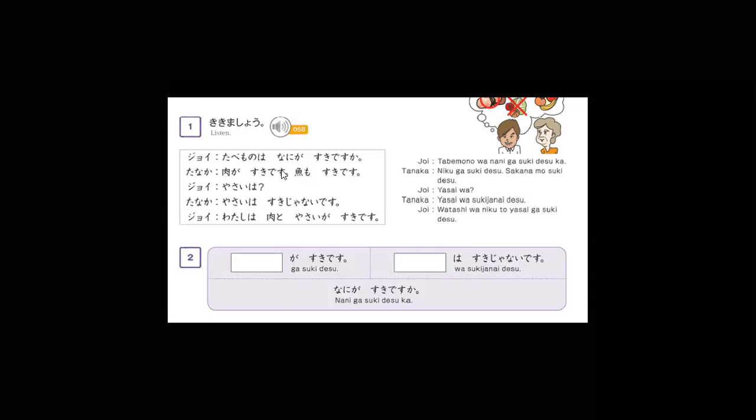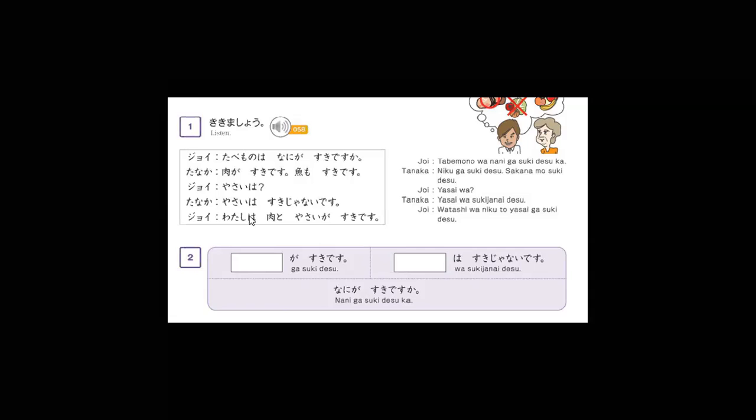Next. 野菜は好きじゃないです。What about vegetables? I don't like vegetables. Okay, 好きじゃないです。So, 好きです is the affirmative expression, and the negative is 好きじゃないです。私は肉と野菜が好きです。But here we can see 私.